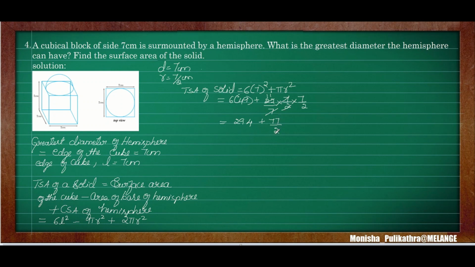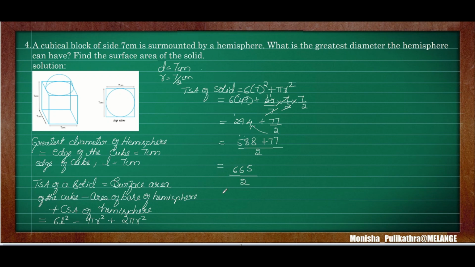Either you can divide it or take the cross multiplication. So it is 6 4s are 24 plus 5, 29, plus 77, whole divided by 2. So 8 plus 7, 15, 1 carry, 9 plus 7, 16 plus 1, it is 6.